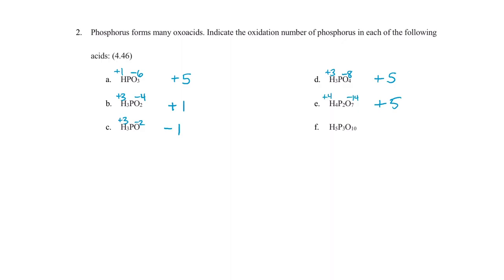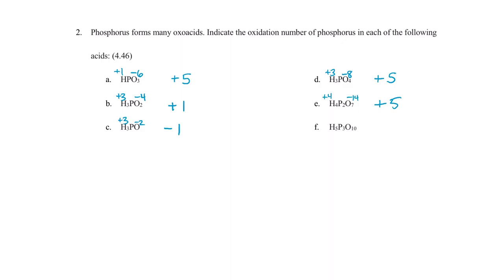Letter E, my hydrogens are +1, so that's +4 for all the hydrogen, and each oxygen is -2, giving me -14 for all of them. +4 and -14 is a -10. So each phosphorus must be +5 to balance out the -10.